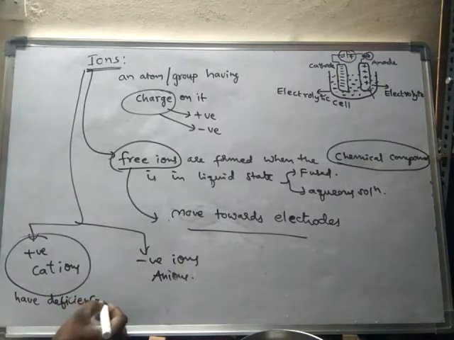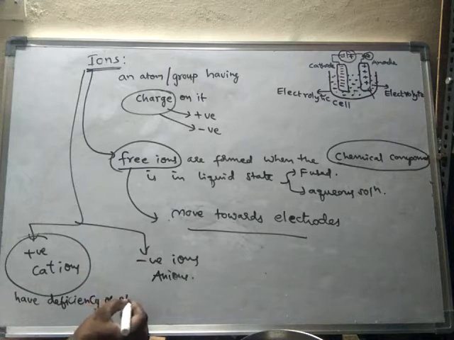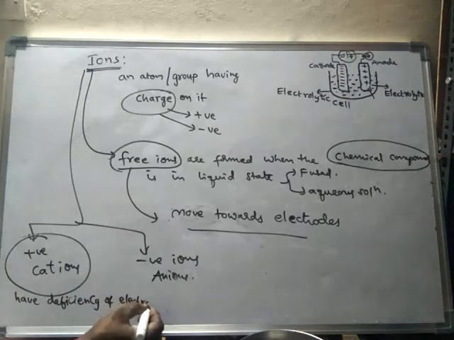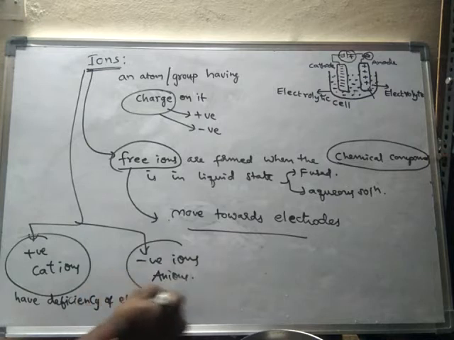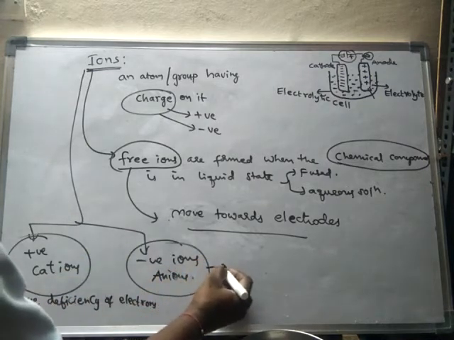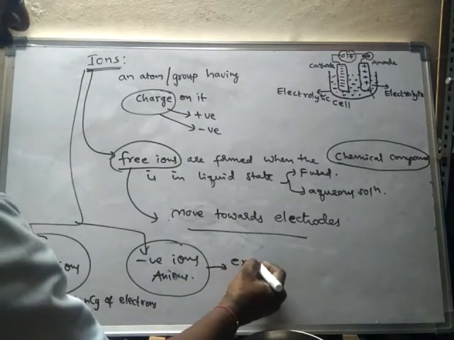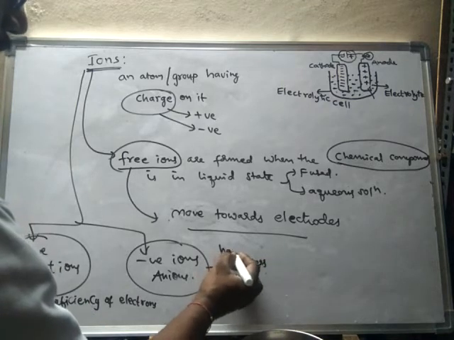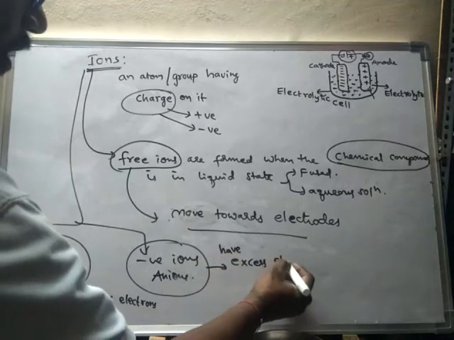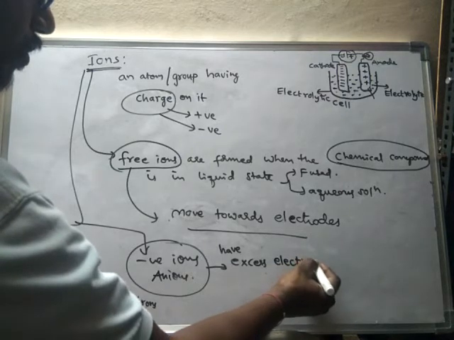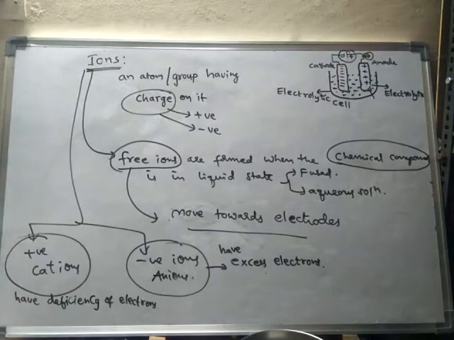Whereas anions have excess electrons, hence anions carry a negative charge.